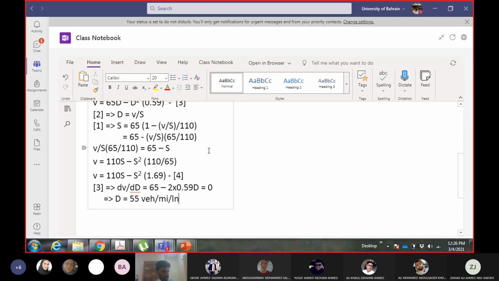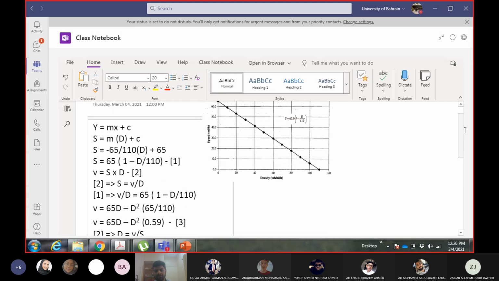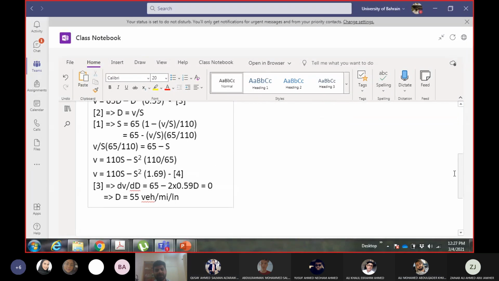Okay, so vehicles per mile per lane. Now, anyone remembers what was the maximum density here, the jam density? In this figure, how much was it? 110. Okay. And the density when the flow is maximum, we called it the critical density.